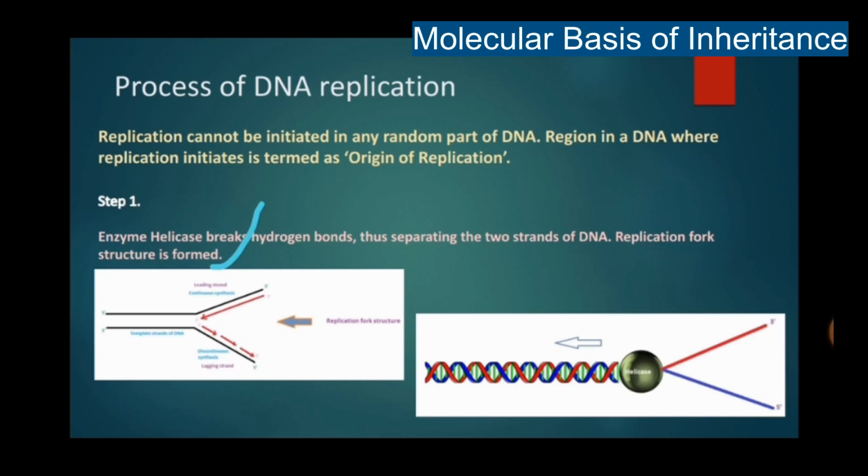Children, let us suppose this was your parental DNA, right? This red color and blue color is the parental DNA, where you have two strands, red and blue, and one of them is from 5 prime to 3 prime and another one is from 3 prime to 5 prime.